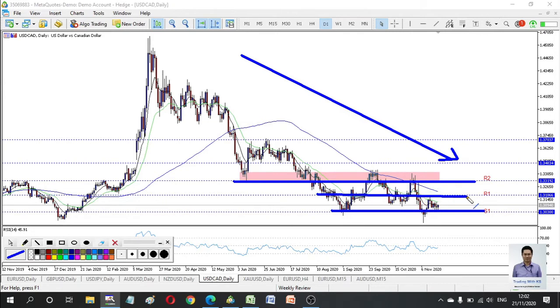Now the price came down to test this consolidation area, was rejected, and is now retesting the bottom, the low again.